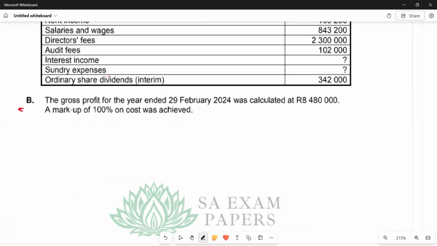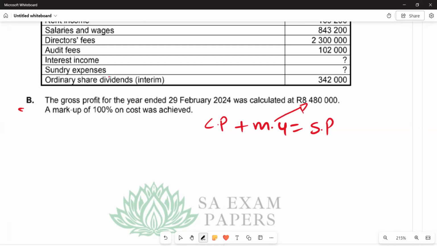Remember, we say cost price plus markup gives you selling price. So the markup is the one that you are given, which is 8,480,000.